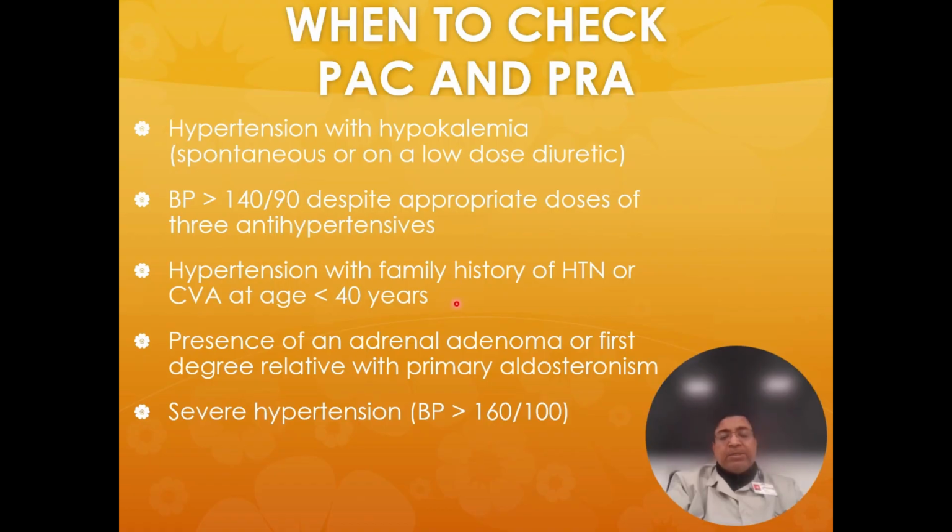If you have hypertension with family history of hypertension or CVA at age less than 40 years, presence of an adrenal adenoma or a first-degree relative with primary aldosteronism, or if they simply have severe hypertension, which is blood pressure greater than 160/100.